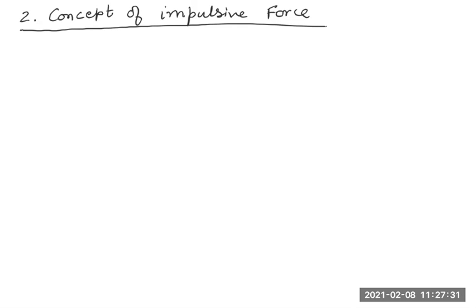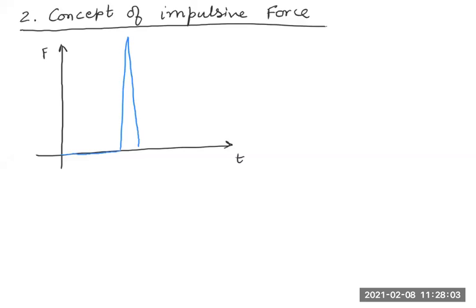So if I again were to draw a graph between force and time, so this is time, this is force. Right? We are only talking about the magnitude of force. Worst case scenario, we can talk about the one-dimensional direction of force. So if we have a force which does not exist, but then suddenly and for a short period of time it does exist, and its magnitude is very large.